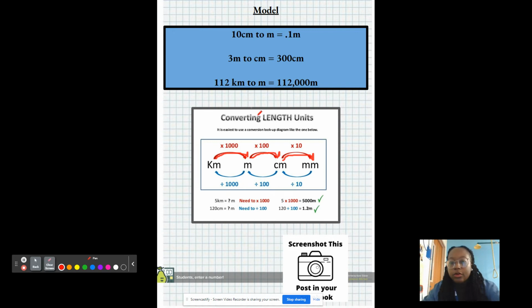But when we're going from millimeters to centimeters, we're dividing by 10. Centimeters to meters, dividing by 100, and meters to kilometers, we're dividing by 1,000. Because the idea is, if you're going from small to the big number, it's going to be a really small increment of that final big unit.